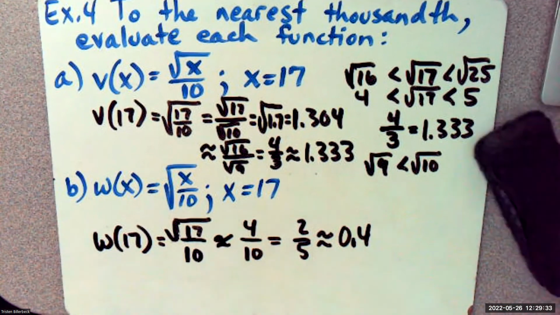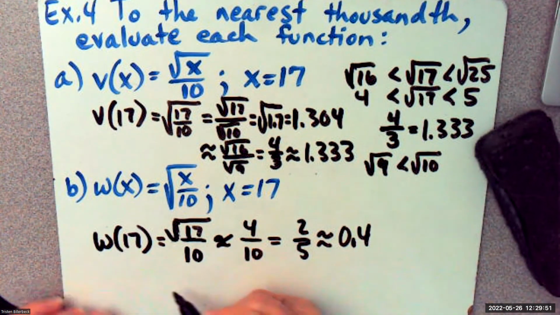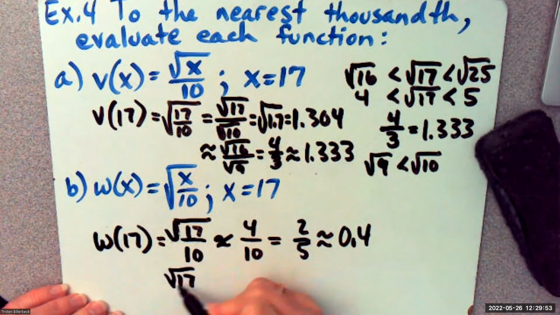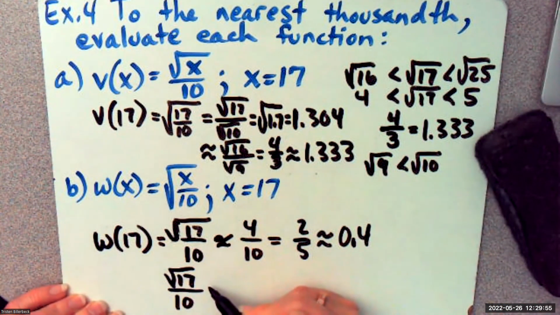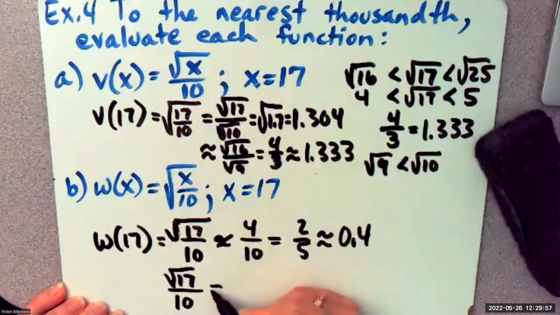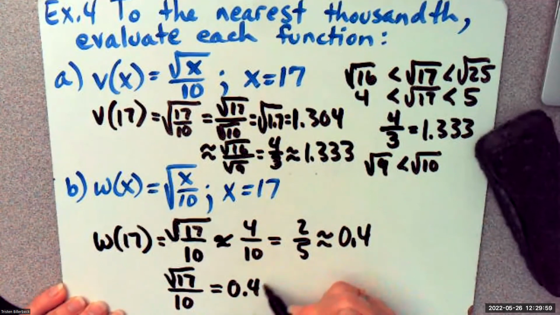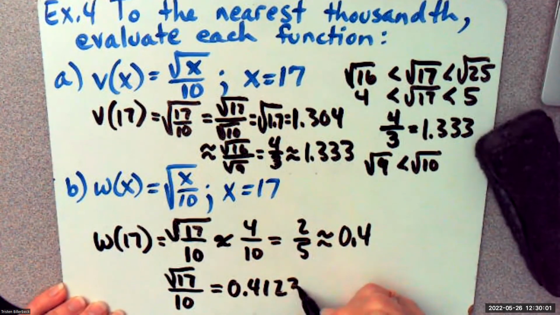Okay, so let's see what that ends up being. The actual square root of 17 divided by 10 equals 0.4123.